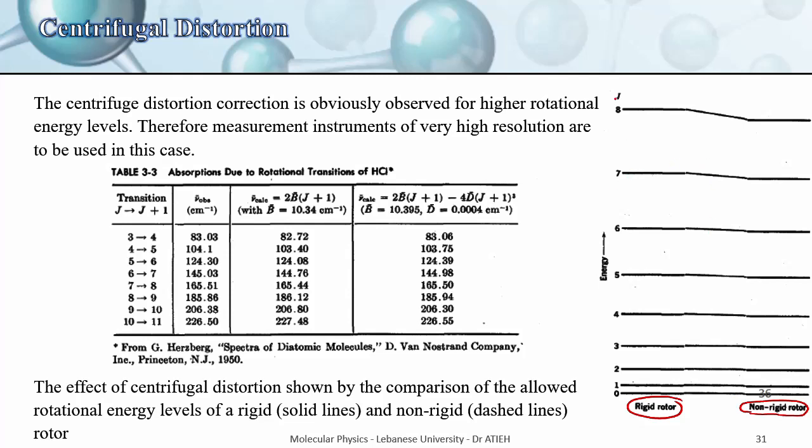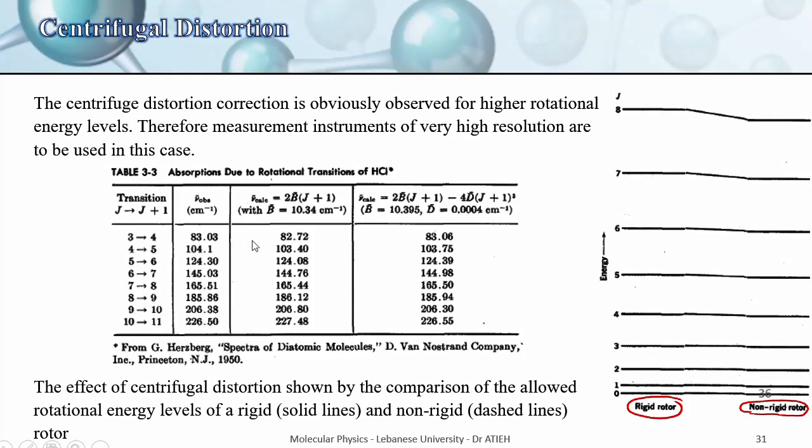When we reach 7, 8, you can see that the non-rigid rotor levels are lower than the rigid rotor levels. So the difference between them starts to appear. This is the effect of centrifugal distortion, shown by the comparison of the allowed rotational energy levels of a rigid and non-rigid rotor.